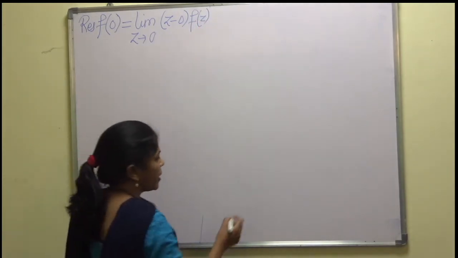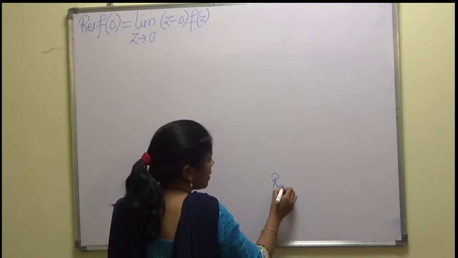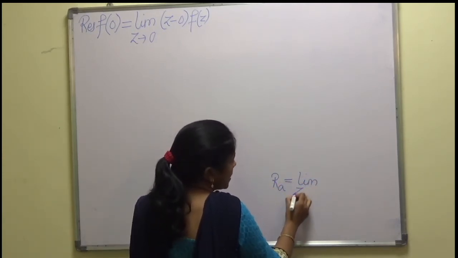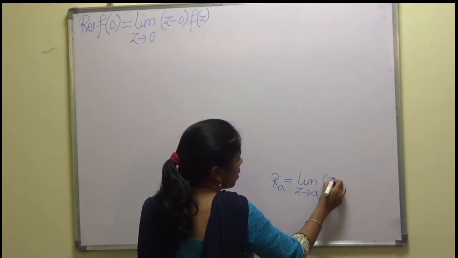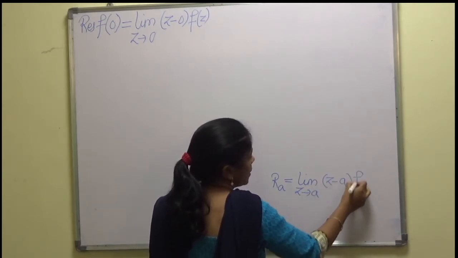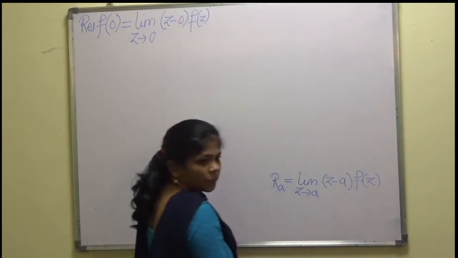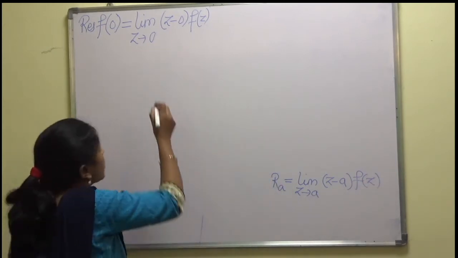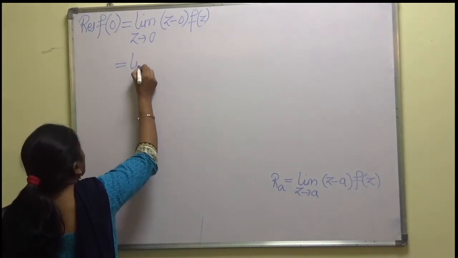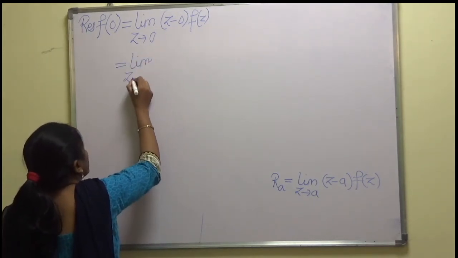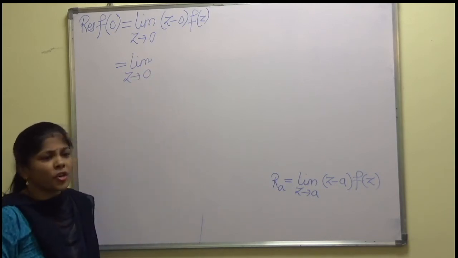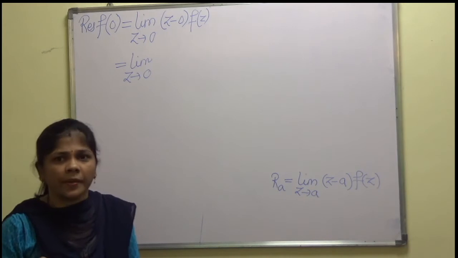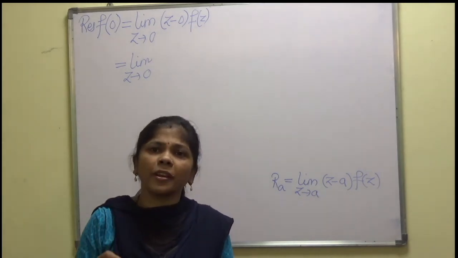Just recall the formula: the residue at z equal to a is nothing but the limit as z tends to a of z minus a into f of z. So if you observe here, a is nothing but 0. Now substitute f of z. First note a difference from the Cauchy integral formula: here we don't have to define f of z.